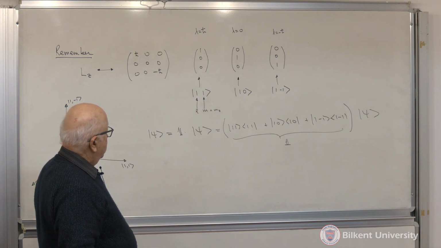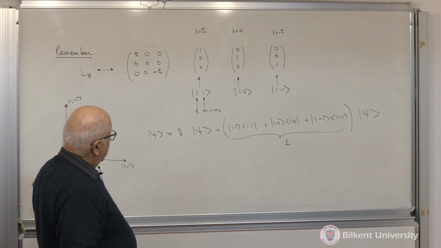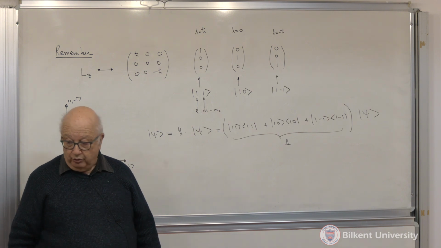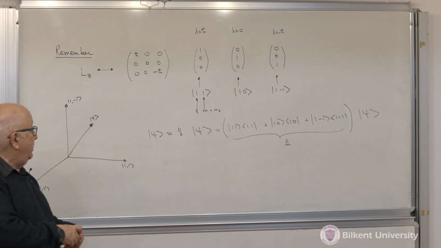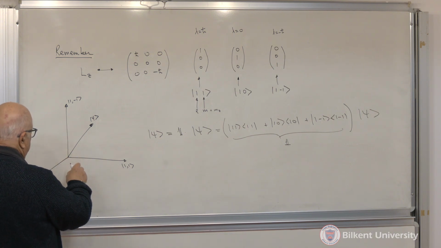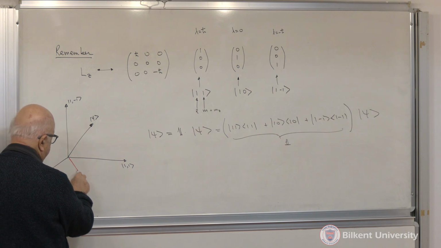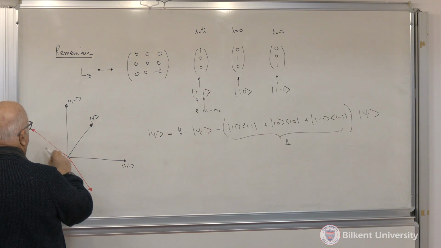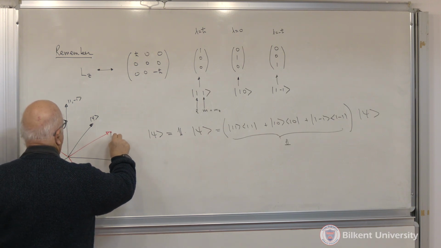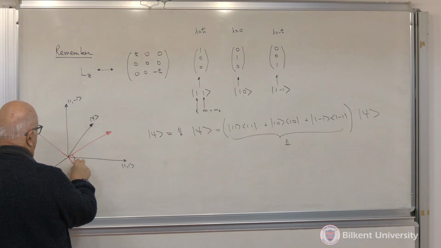Or what I can do is I can now go to another coordinate system. So I'm just going to draw these things arbitrarily. These are probably not very accurate, but I have these three again, orthonormal sets of vectors.